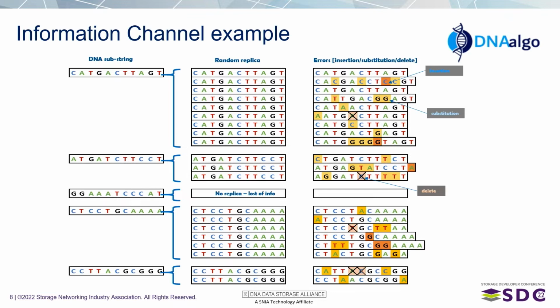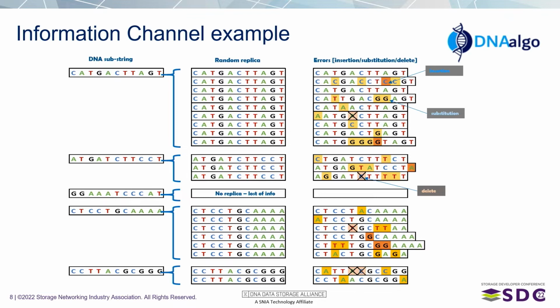What happens is that, for example, the first strand is read multiple times, some strands are read a few times, and there might also be, like the third strand, one that is not read at all. That's the reason why I said before that the amount of data that is sequenced is not even comparable to the one that is synthesized.